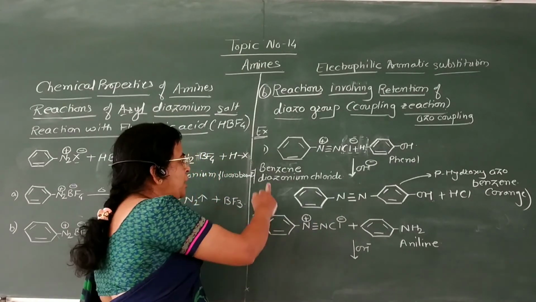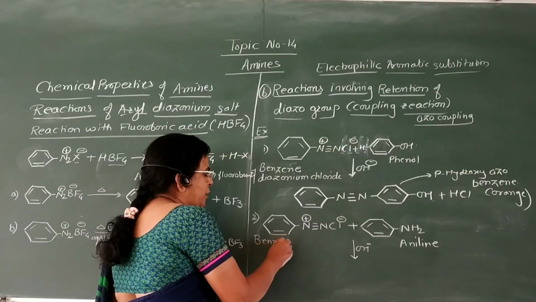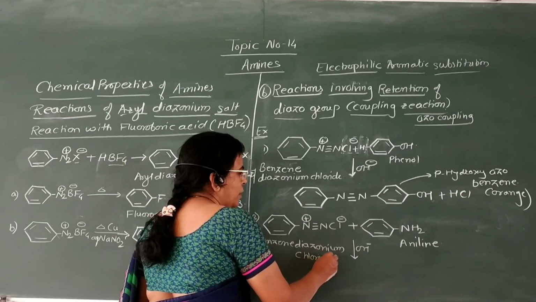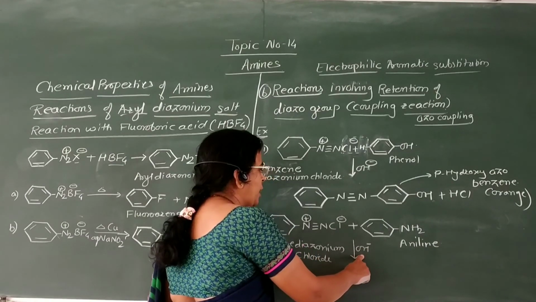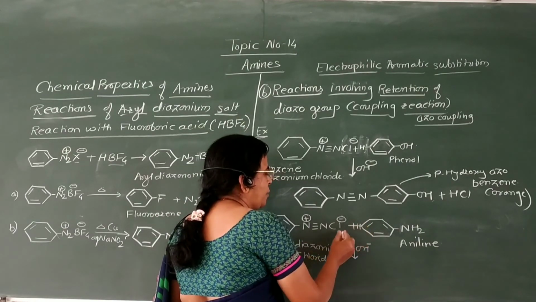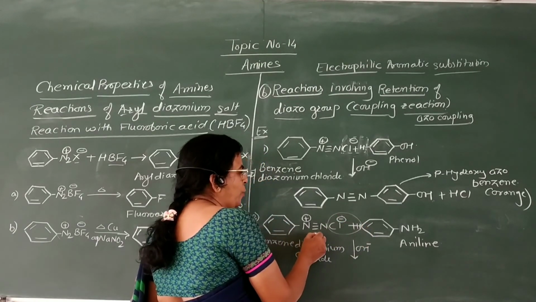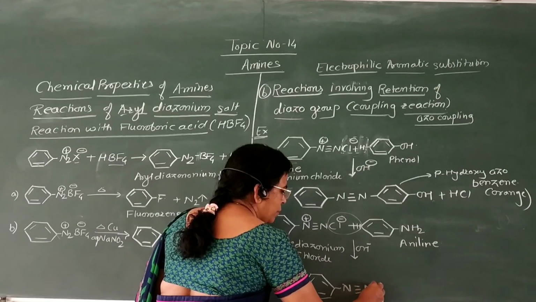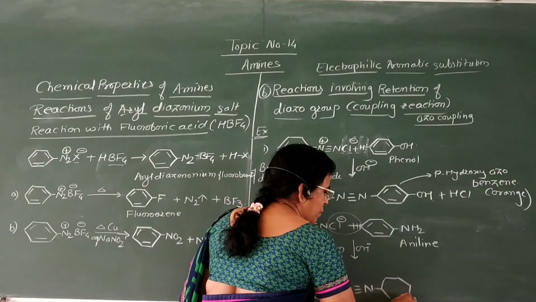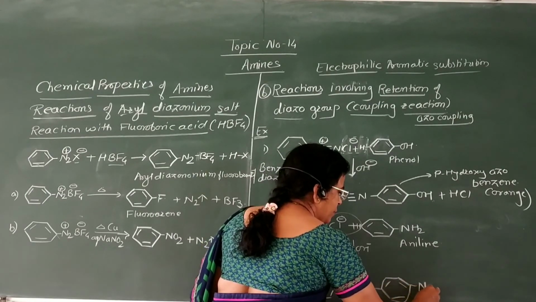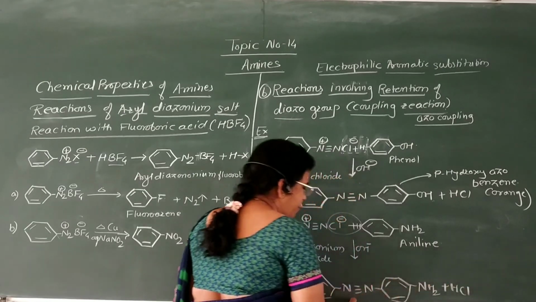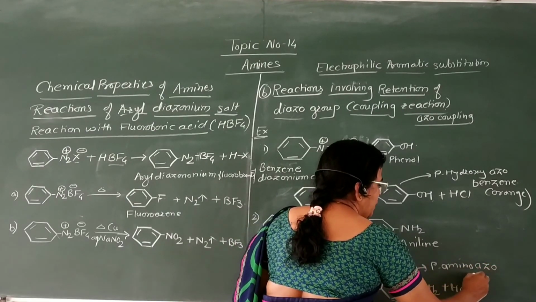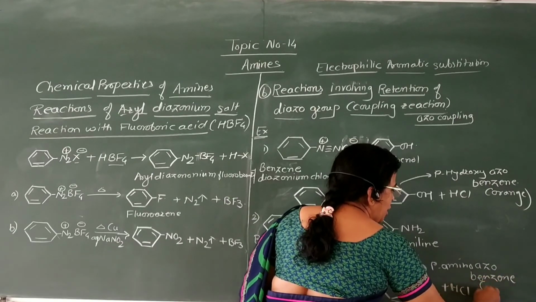Now here this benzene diazonium chloride, when it is treated with aniline, that is C6H5NH2, in presence of alkaline medium, then here also this hydrogen atom is replaced by this N2 group to form para-aminoazobenzene, which is a yellow color dye.